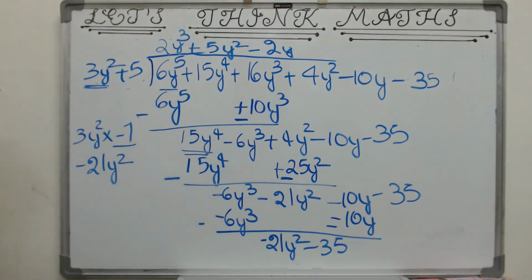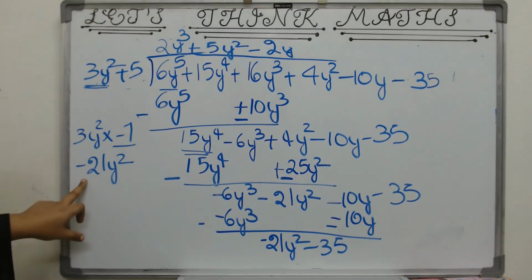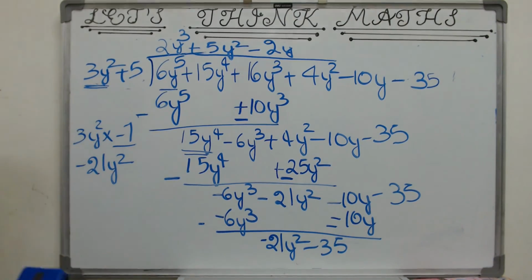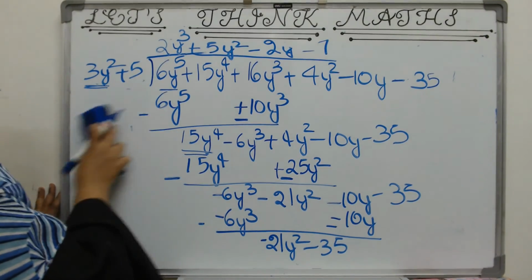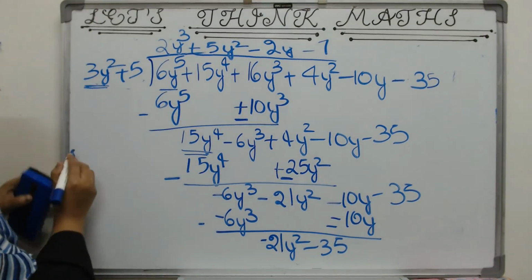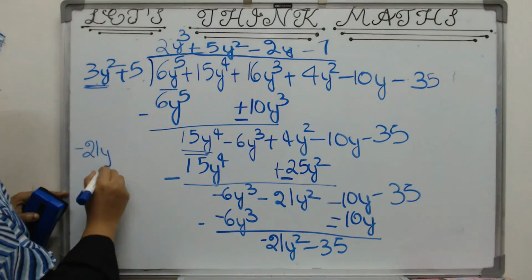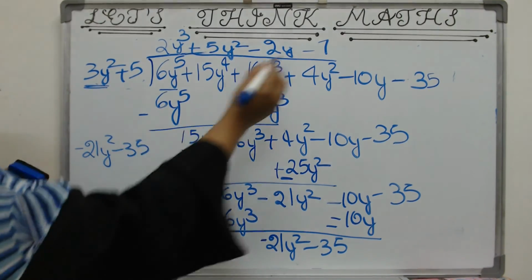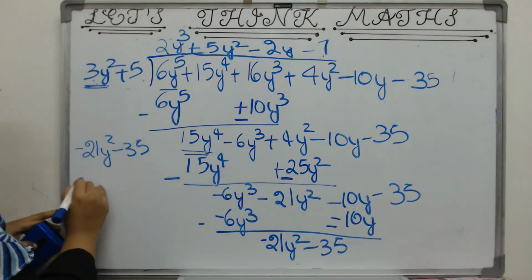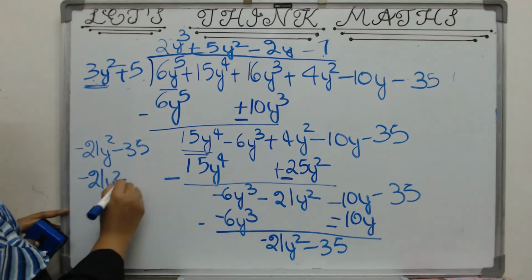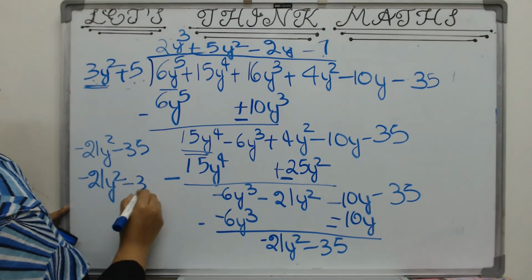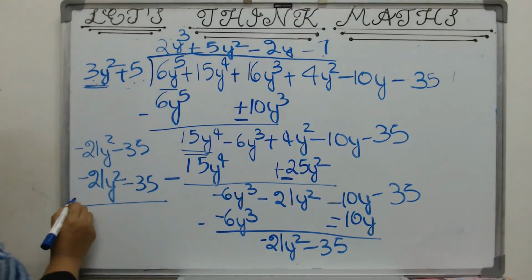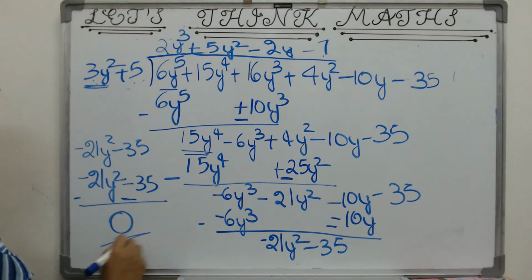Minus 7, right? 3 into minus 7 would give you minus 21 and y square is just y square. There, minus 7. So I will just carry this over here. Minus 21y square minus 35. So minus 7 here, it will be minus 21y square. 5 into minus 7 would be minus 35. Then put minus. Then this becomes plus, this becomes plus. The whole answer is 0.